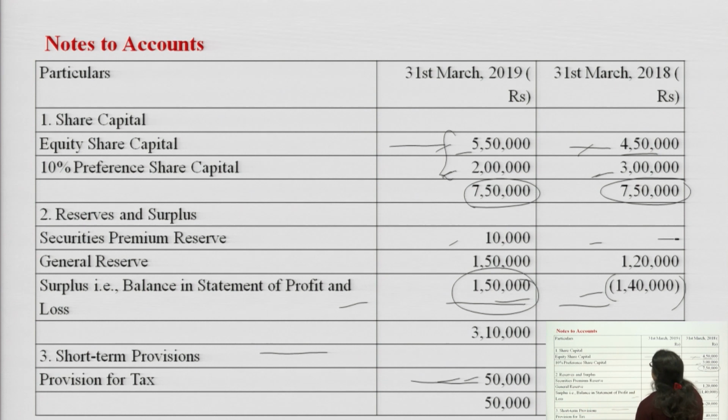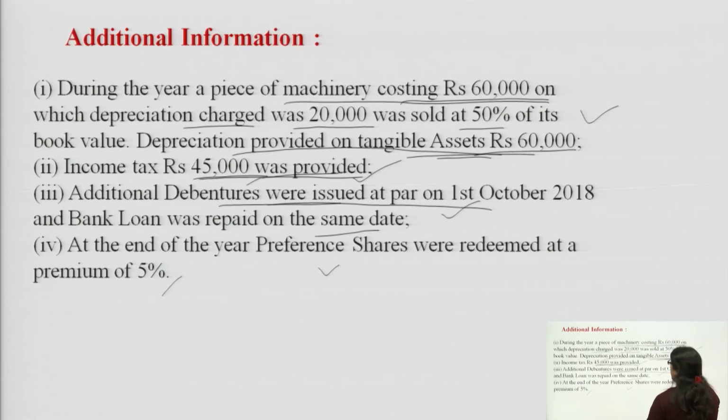See here, in this the equity share was rupees 4,50,000 and now it is 5,50,000, means there is an increase. We have issued the debentures, and at the same time 1 lakh redemption is also there. So, the amount is equal, and for this additional debentures were issued at par in October and the bank loan was paid.